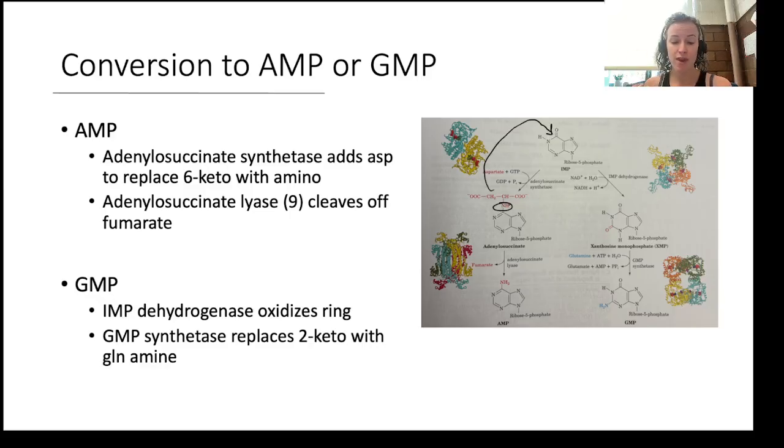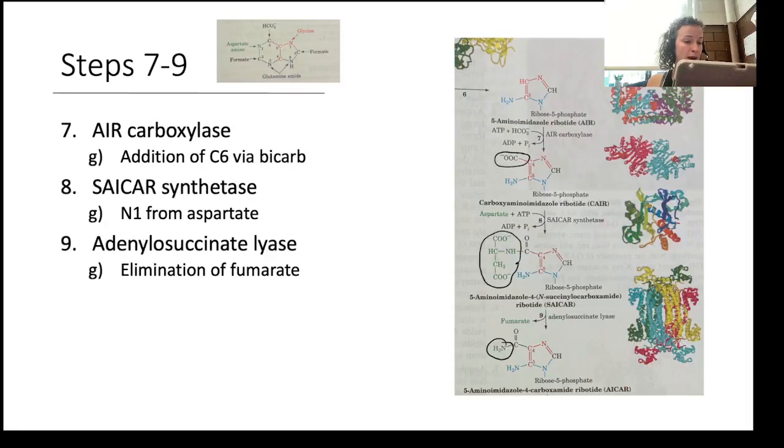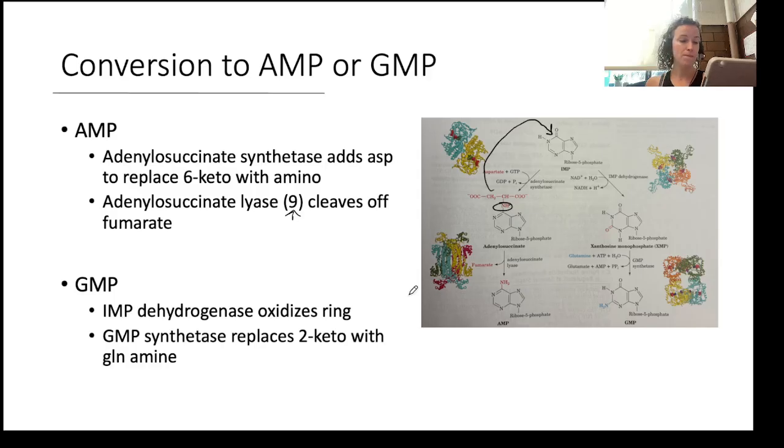Following that step, where we've added the entire aspartate on there, we have adenylosuccinate lyase, which is actually from step 9, folks, cleaving off, again, fumarate. Let me go back 2 slides here. You'll see the exact same chemistry is being performed, right? We're chopping off that fumarate after having added the aspartate. And that leaves us with this amino group here.